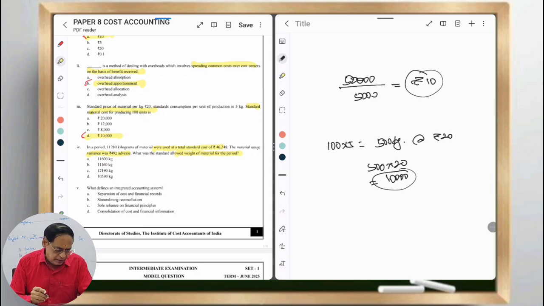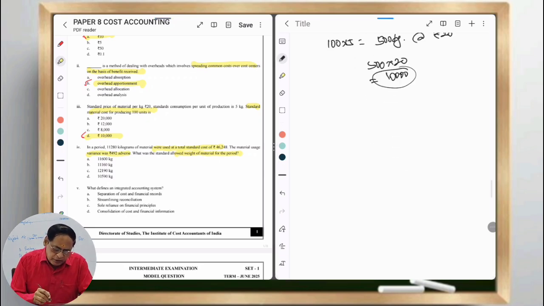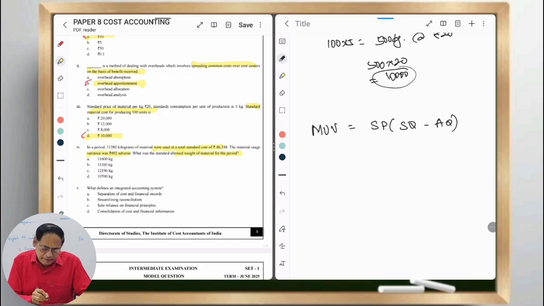Actually, in this question they are asking for standard quantity, but material usage variance is given. So, MUV equals standard price into standard quantity minus actual quantity.